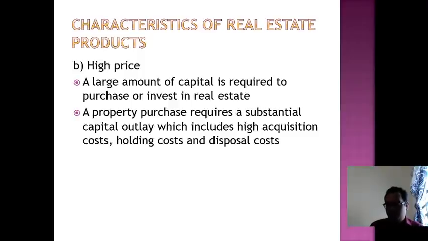If you want to purchase a bubble tea, it is about 10 ringgit, but if you want to purchase a house, it is 400,000 ringgit. So there's a massive difference between the kinds of products that we need to purchase in our life.